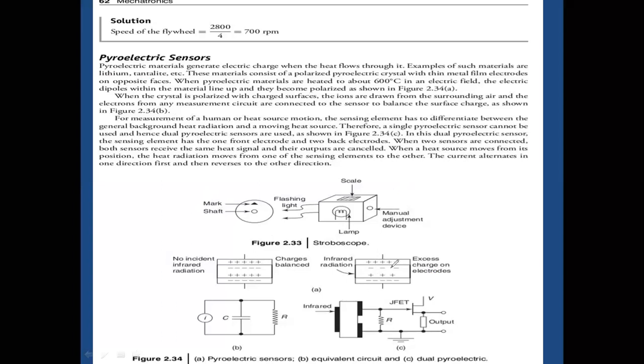whenever the material is heated up to 600 degrees centigrade, we have two layers. The outer layer is made up of a polarized pyroelectric crystal. So this is the crystal portion, a thin wall.